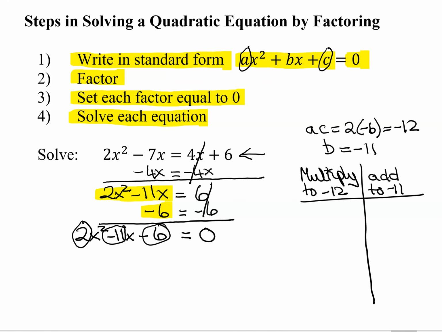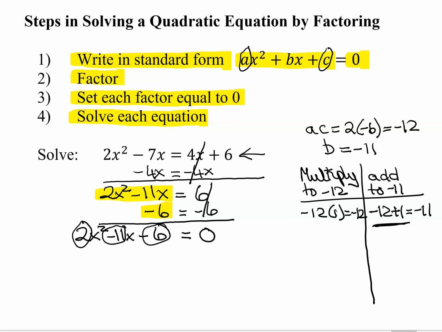Since they multiply to a negative number, they need to be opposite in signs. And so I think negative 12 times 1 is definitely going to multiply to negative 12, and negative 12 plus 1 is going to equal negative 11. So my two numbers I'm interested in are negative 12 and 1.